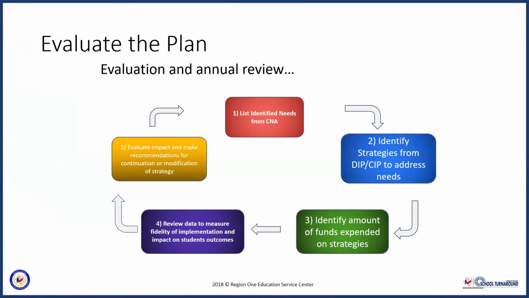So in past trainings with campus improvement plans, I always talk about how you need to put the funding source; the amount that you budget is really up to you.